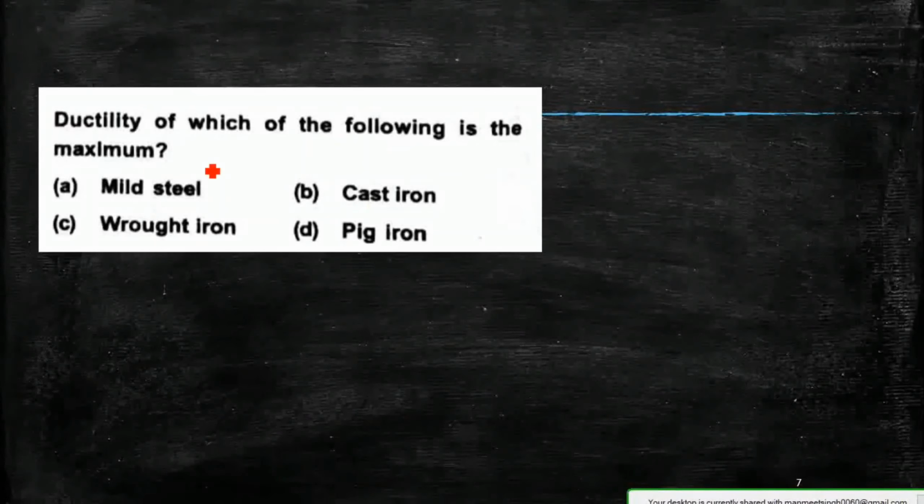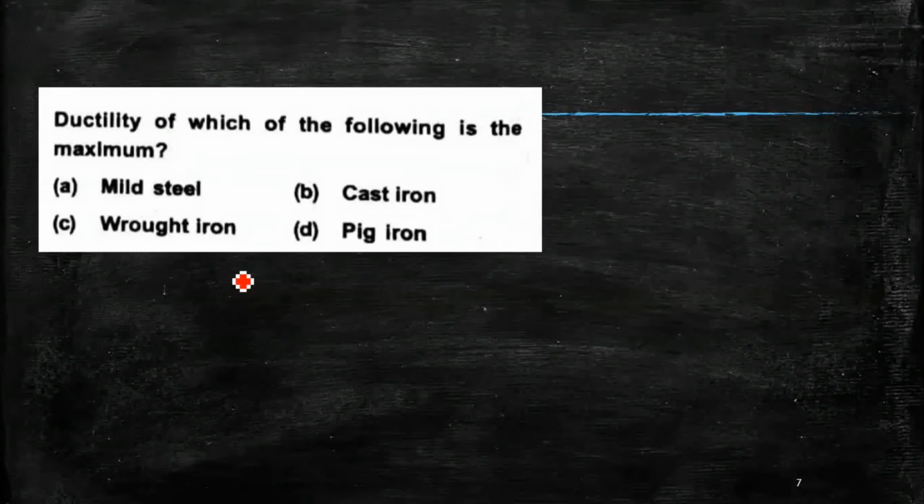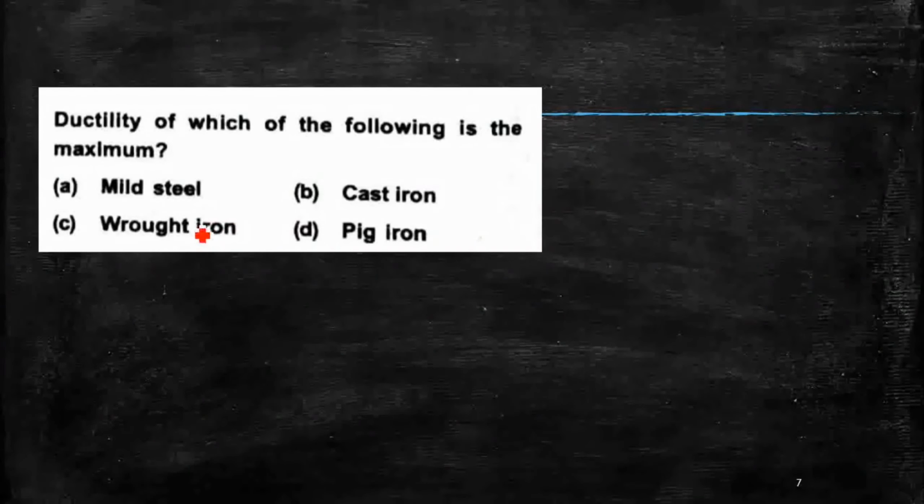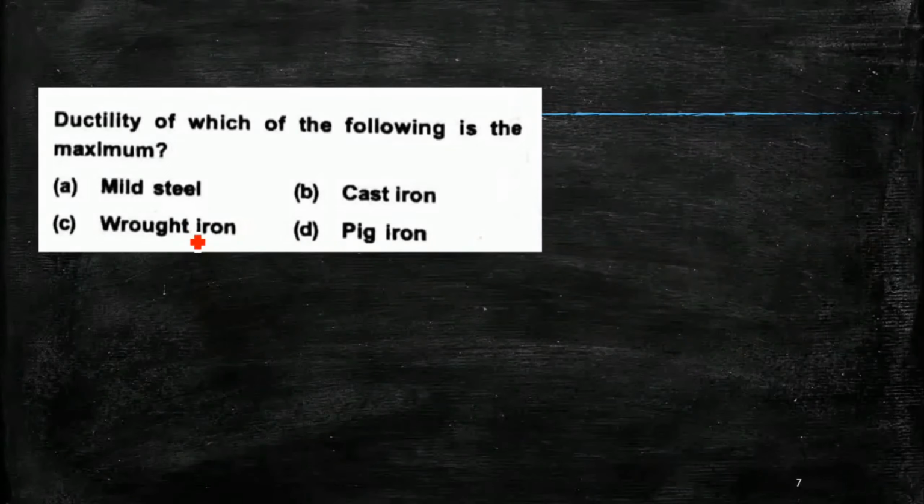The next question: ductility of which of the following is the maximum? Mild steel, cast iron, wrought iron, or pig iron. From the previous question, we have the concept that as the carbon content increases, strength increases but ductility decreases. So the steel which has the least amount of carbon content will have the maximum ductility.